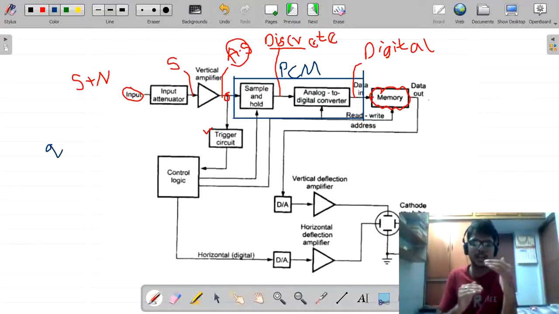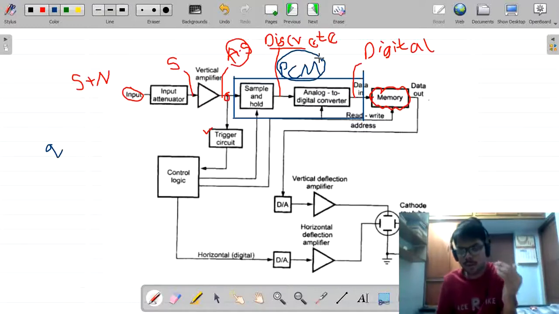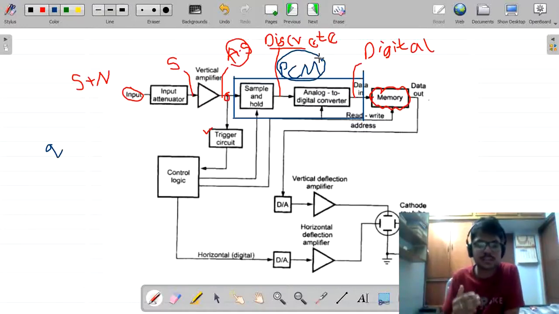We quantize the signal, and using the encoder we encode binary data. So we are converting an analog signal into digital using a PCM circuit. It is the process used for converting an analog signal into a digital signal.